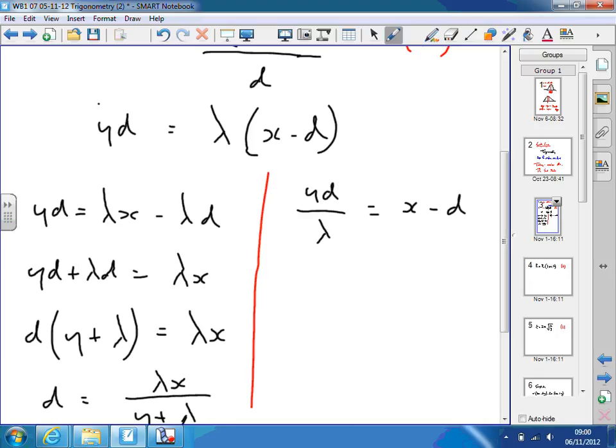Now I want to get terms involving D on the same side, so add D to both sides to get rid of that minus D on the right hand side, and get YD over lambda plus D equals x.